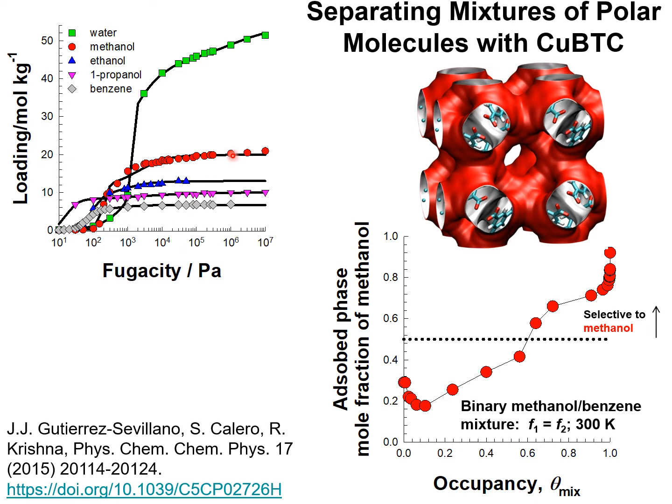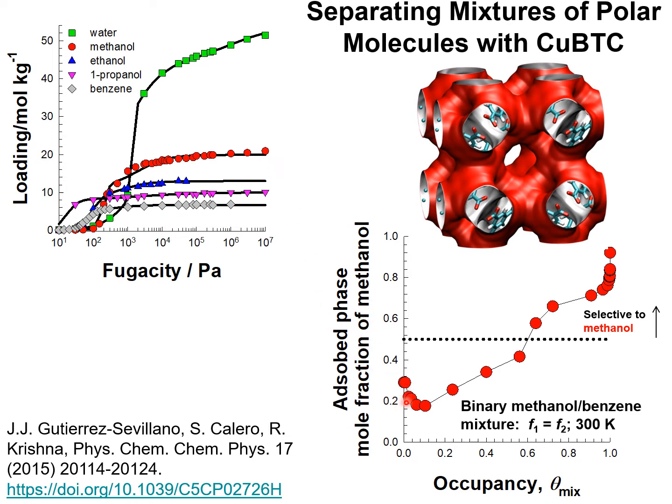Consider the mixture of methanol and benzene. The ratio of saturation capacities is about 20:6 and favors the smaller methanol molecule.